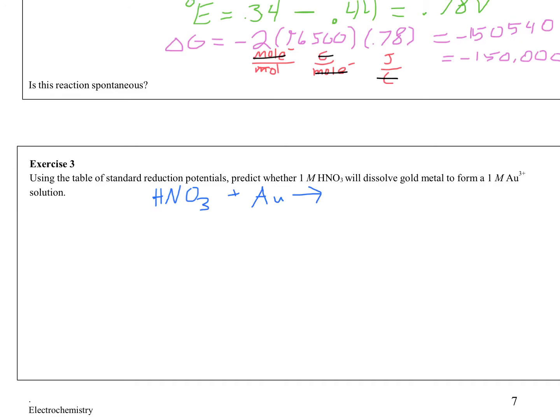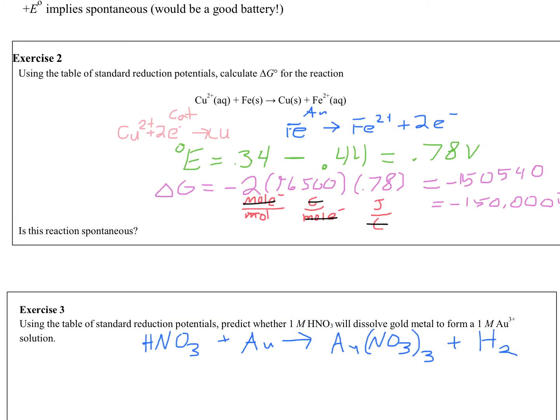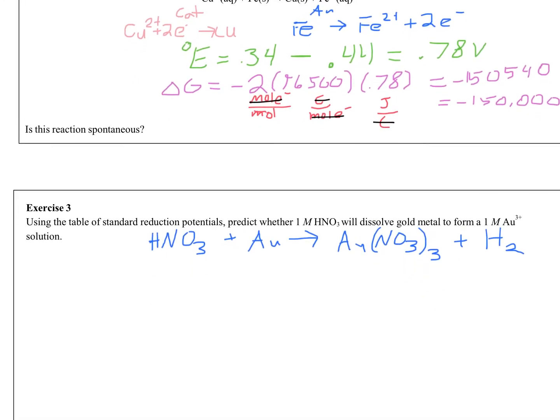So I have an Au(NO3)3, where Au is a 3+ charge, so I put the 3 here. Plus, if the H got kicked out, it's released as H2 gas. So to give you a little hint, the reason why you're always given equations like this, notice they're ions and not in the compounds, is because we actually use net ionics to make it a heck of a lot easier.